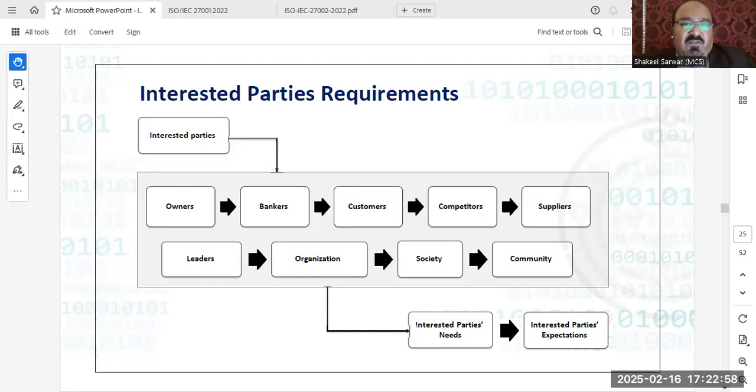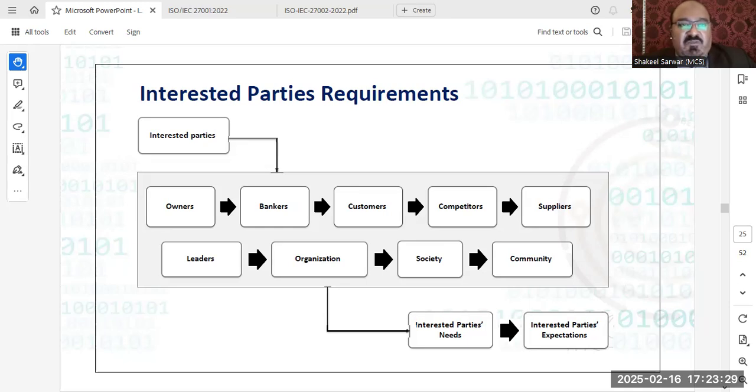Organization's internal stakeholders: requirements can be protection of sensitive organizational data, for example, HR, financial, and operational information, training and awareness programs to minimize human error, and clear policies and procedures for secure operations. Impact would be an engaged and informed workforce, which reduces risks and ensures ISMS compliance.